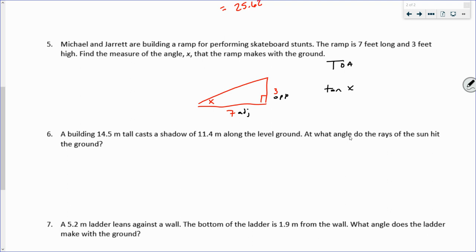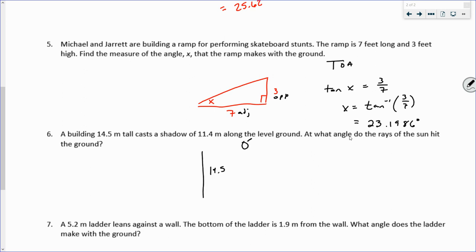So tan of x equals 3 over 7. Inverse tan to undo it. So second tan of 3/7. Looks like the angle it makes with the ground is 23.1986 degrees.